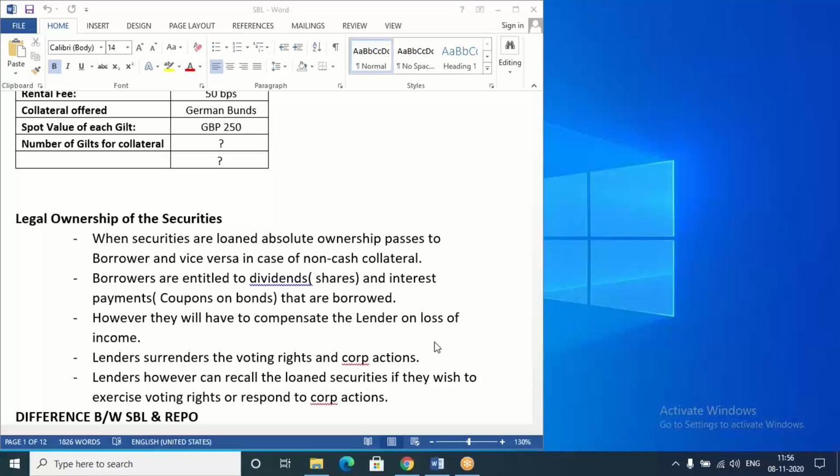On the other hand, if a lender thinks that the issuer might give coupons or dividends on the securities he's loaned, and he's entered into an open contract, he can recall the securities in time to exercise his voting rights or respond to the corporate action. Is that clear?